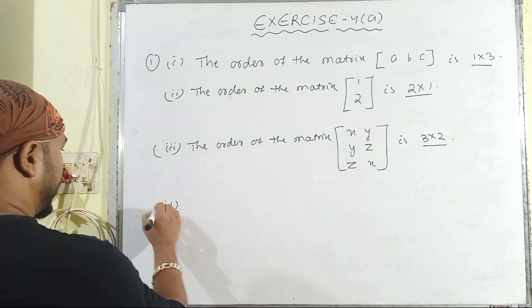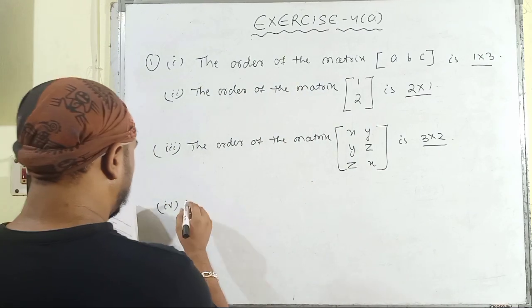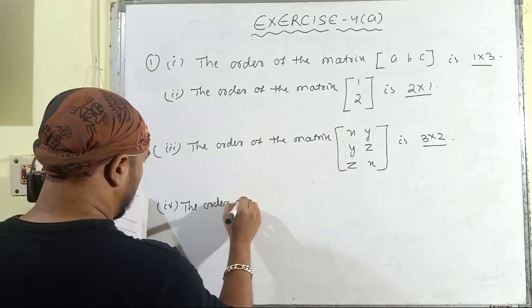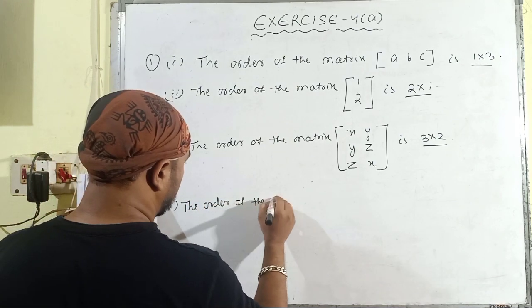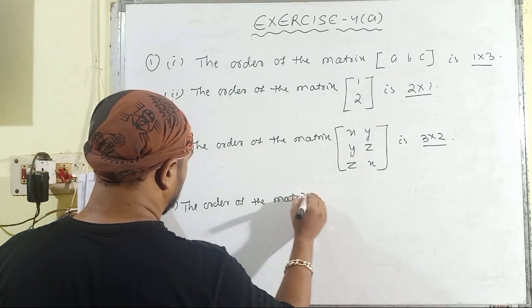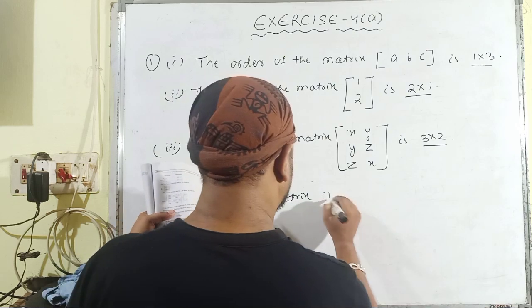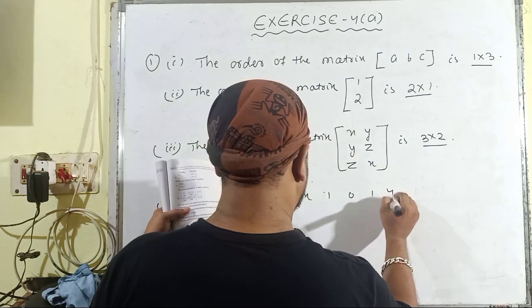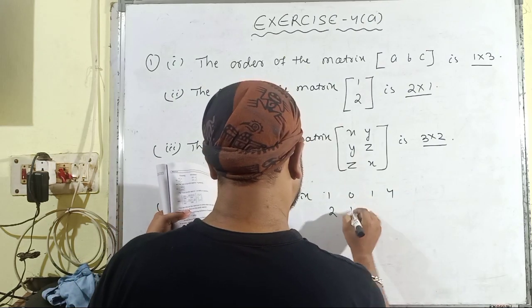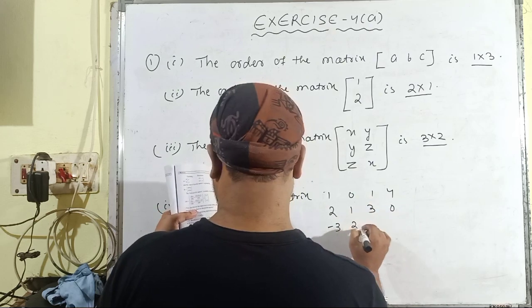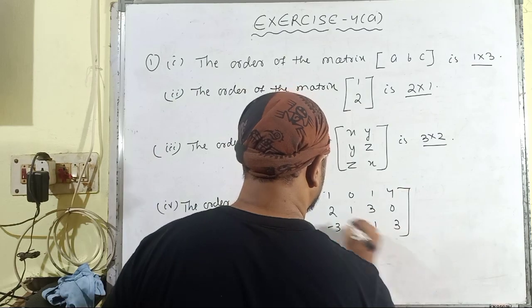Then the last one is here. The order of the matrix 1 0 1 4, 2 1 3 0, then -3 2 1 3.